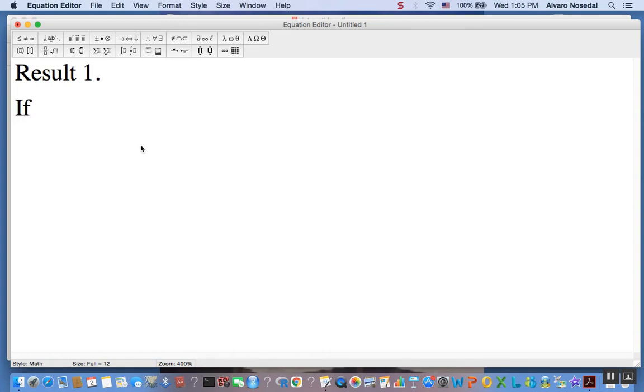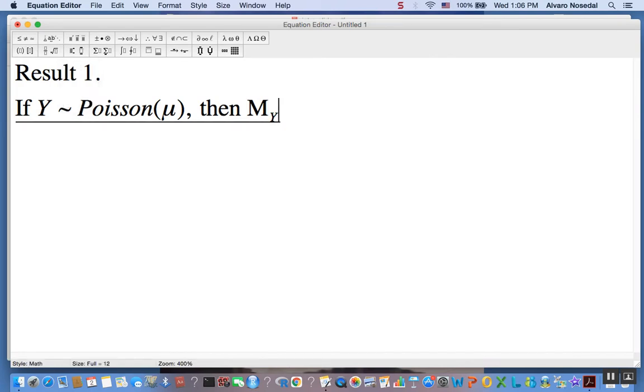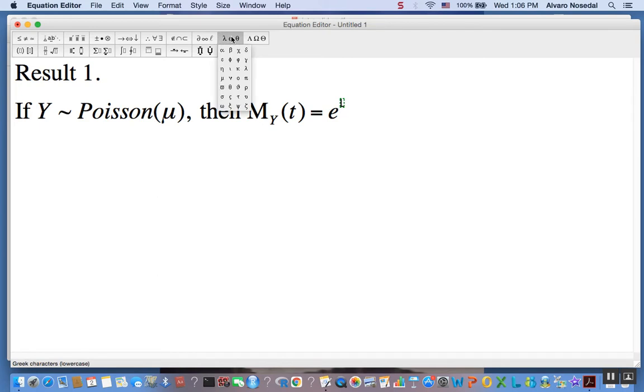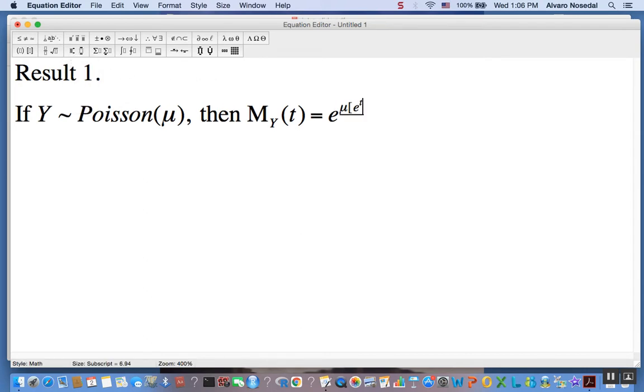If Y has a Poisson distribution with parameter mu, then what we're going to be showing is that the MGF of Y is given by the following expression: e to the power mu times (e to the power t minus 1).